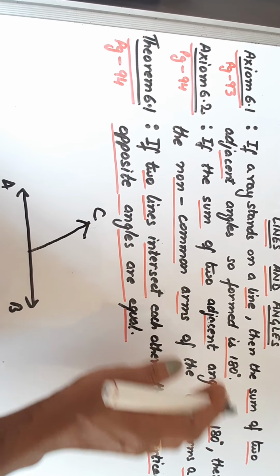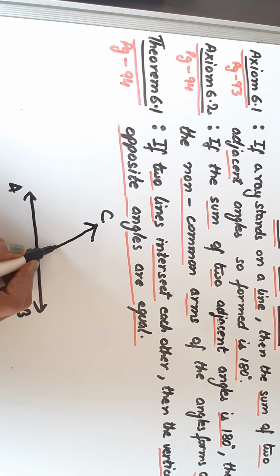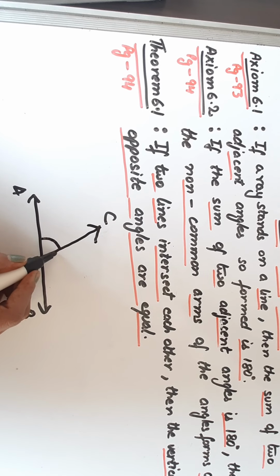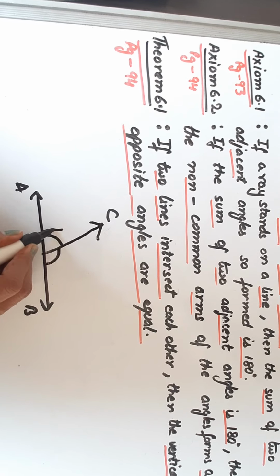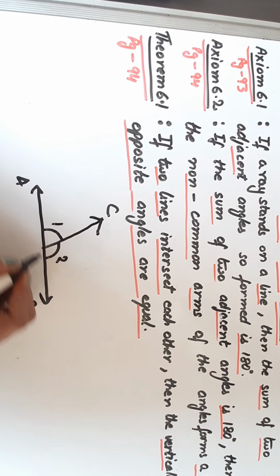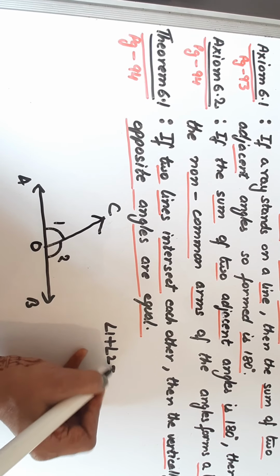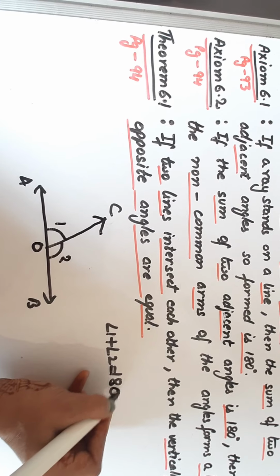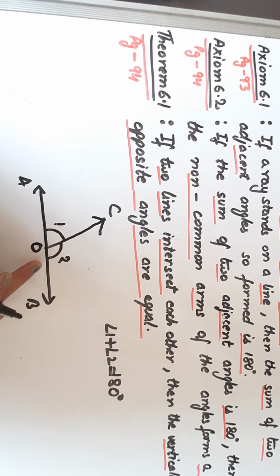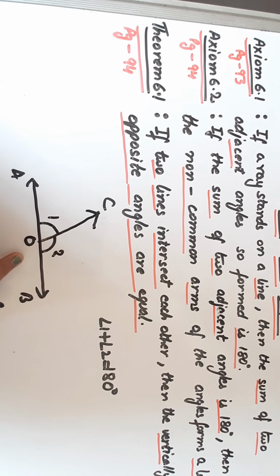Then the sum of two adjacent angles so formed, the two adjacent angles that we get, this is angle 1 and this is angle 2. The sum of these two angles is 180 degrees. Means we can write angle 1 plus angle 2 is equal to 180 degrees. In short, they are making a linear pair because these two angles are forming on a line.